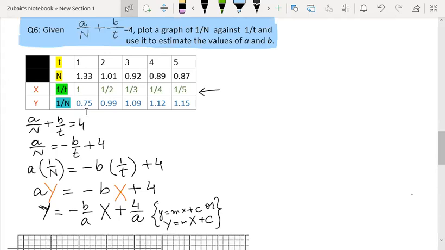For vertical values, 0.75, 0.99. So basically this is 0.75. The least value is 0.75 and the highest value is 1.15.